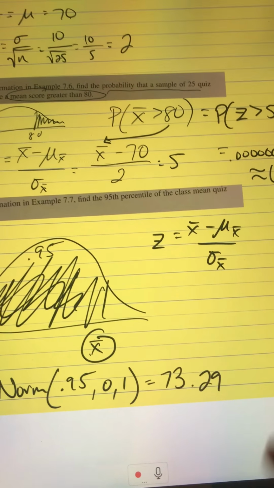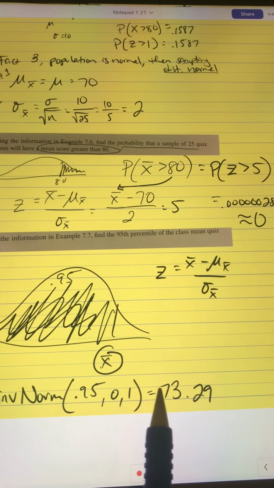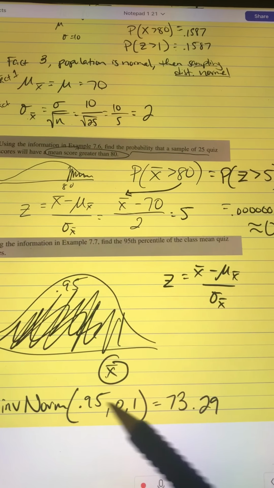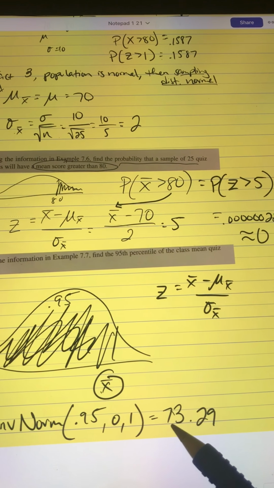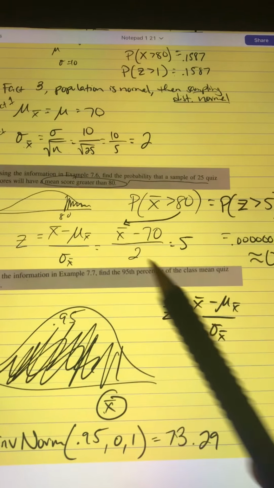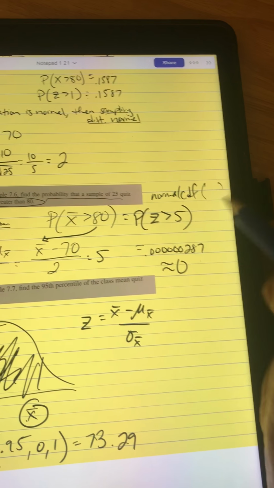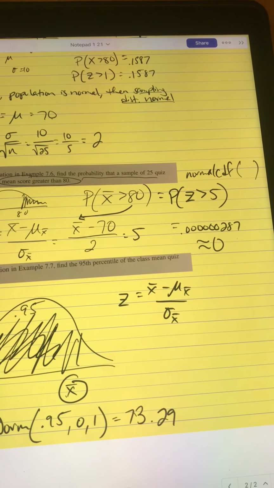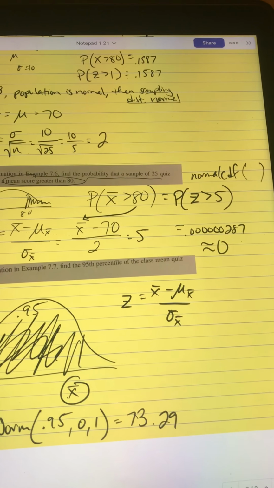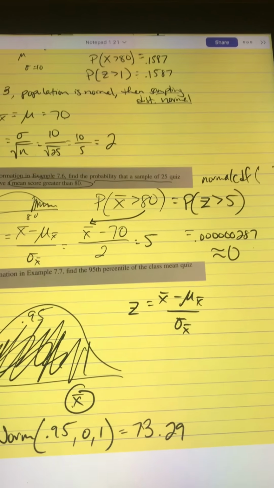We took that and plugged it into our calculator using inverse norm to get there. Up here, you can also get what we used as normal CDF. So if you need to review that from chapter 6, go back and read through the notes or through your workbook.